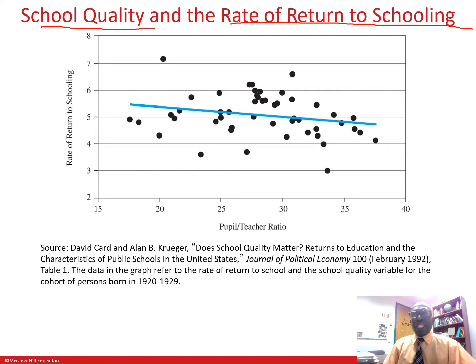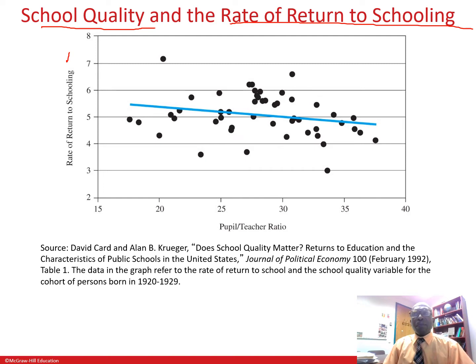The decennial census data report the current earnings of workers born in a particular state. We can then run the regression model from the previous slide using this sample of workers. The regression coefficient presumably measures the rate of return to schooling in that state.